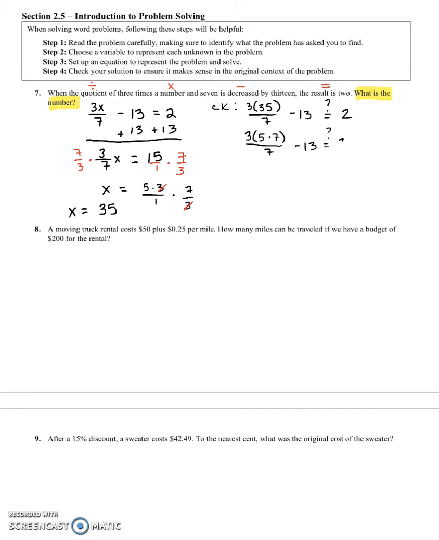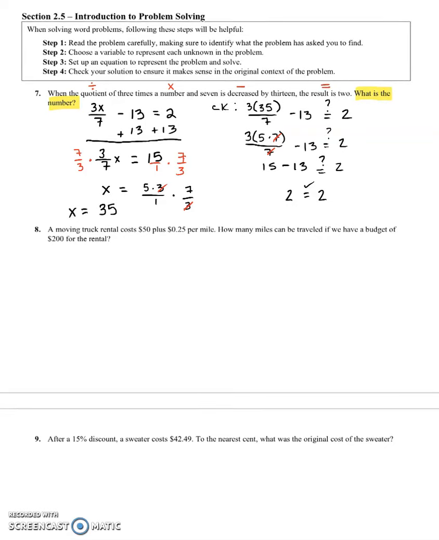Does that equal 2? Well, our 7's cancel. And that leaves us with 3 times 5, which is 15, minus 13. And we need to know if that's 2. 15 minus 13 is indeed 2. So yes, that checks out. Great.